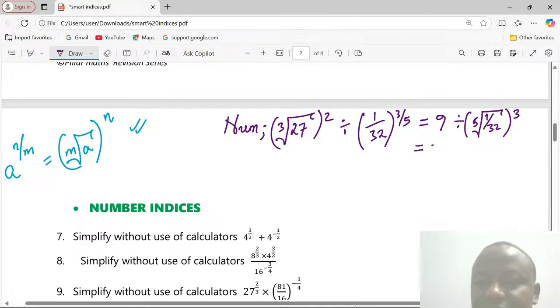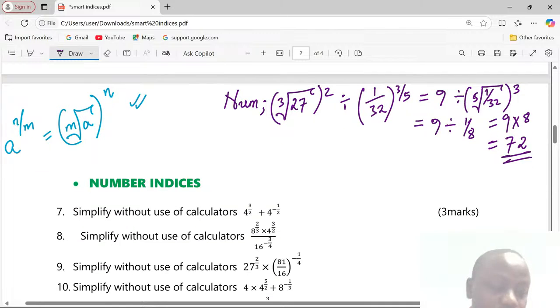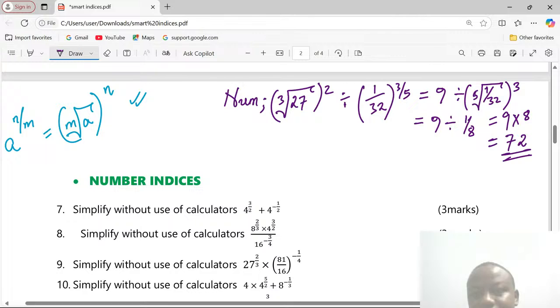So we will have 9 divided by the fifth root of 1/32 becomes half, and half power 3 becomes 1/8. This will be 9/8, and this is going to be 72. We have 72 from the numerator as the most simplified. So the numerator is giving us 72.